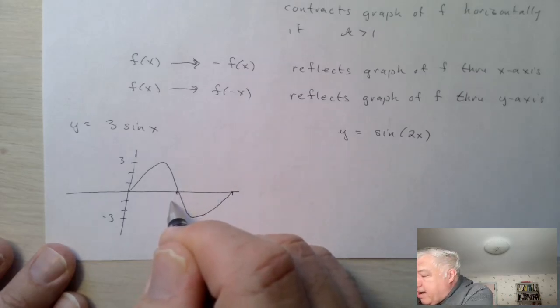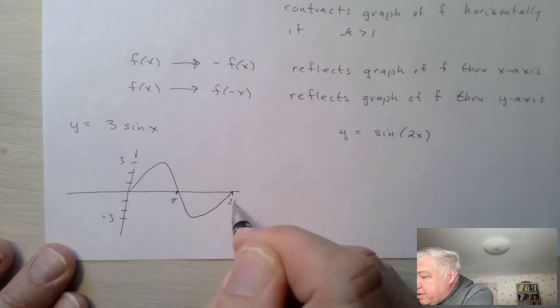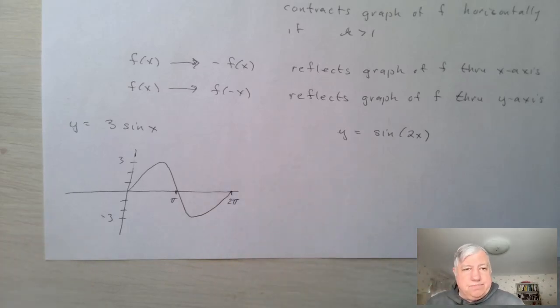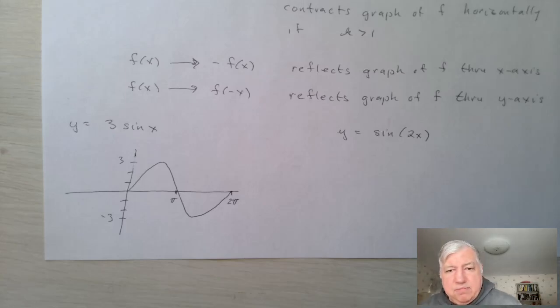So we're still going to have pi and 2 pi here. We're stretching, but these points don't change, because if we multiply 0 by 3, we still get 0. Okay, so that's how that works.